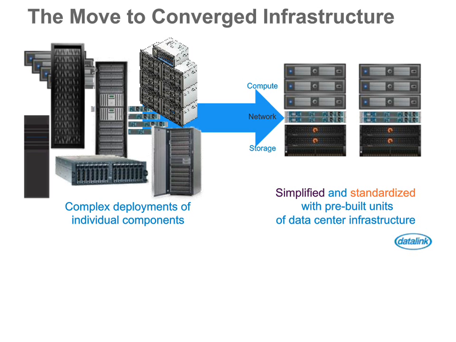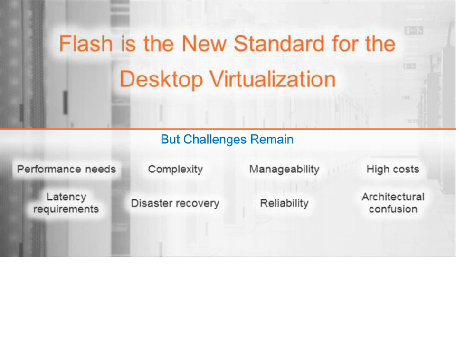So the biggest benefit you get by implementing converged infrastructure is time to value. Converged infrastructure has been built on traditional storage for the longest time, right? You look at a lot of the offerings that have been out in the market, the VCEs, the FlexPods that NetApp is selling, a lot of those are based on spinning disk.